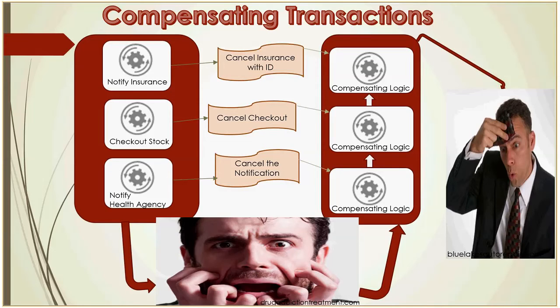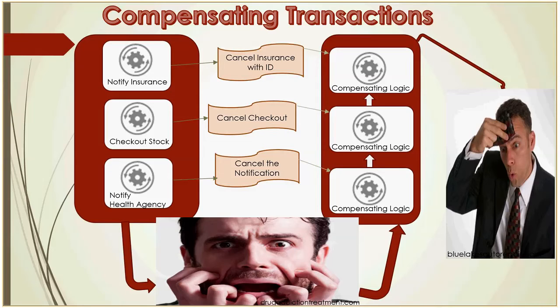The reason I'm mentioning compensating logic instead of just calling back the identifier with cancellation is that the state of the system could have changed. When the identifier was created for the insurance company to process my flu shot notification, it was probably in the unpaid state.